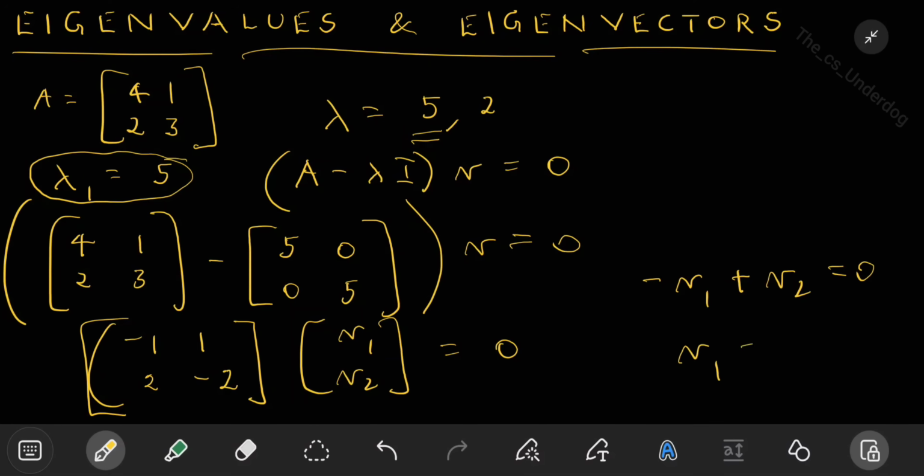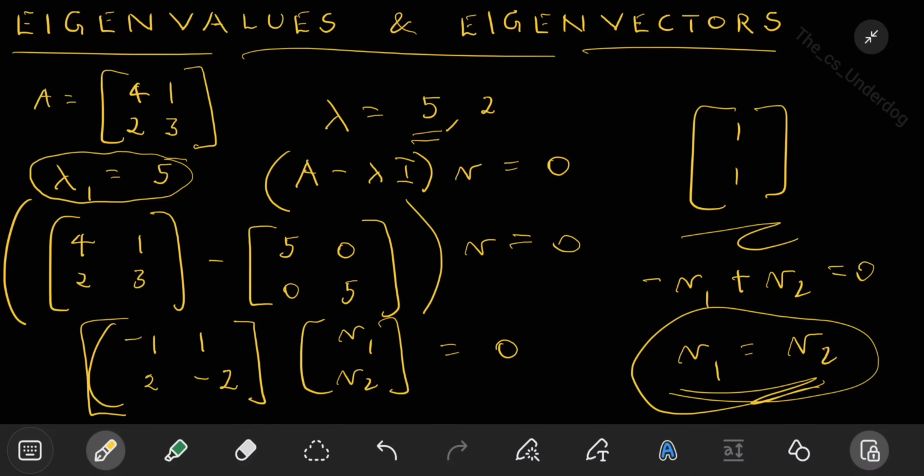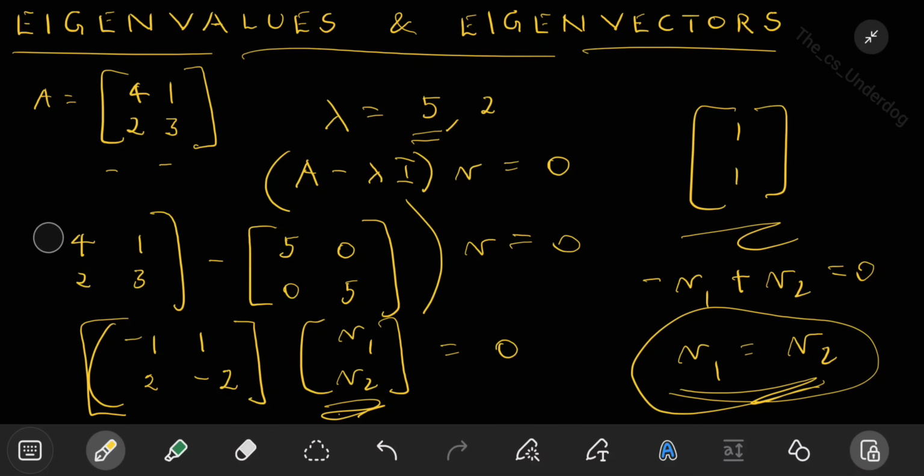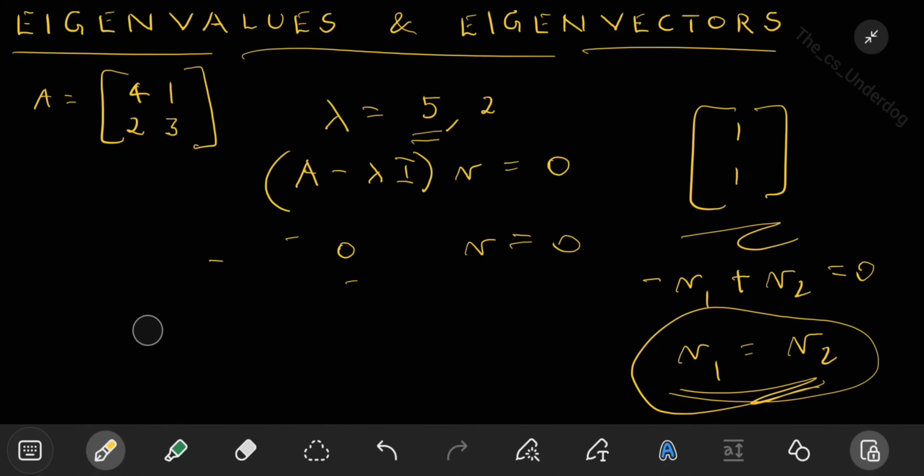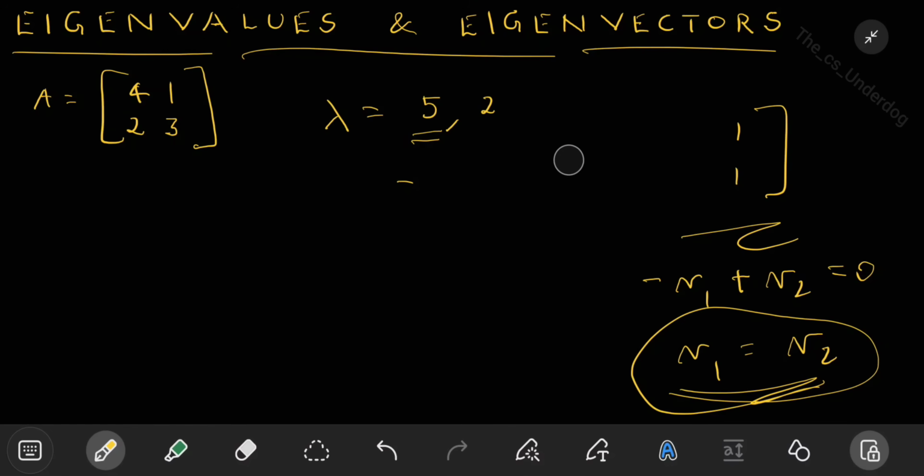So that means v1 is equal to v2. When both are equal, you can consider the eigenvector to be 1, 1. Here direction is what matters rather than the size. The eigenvector should give you the direction and the size will be provided by lambda. So v1 equal to v2 gives you 1, 1. So the eigenvector corresponding to the eigenvalue 5 is 1, 1. So your first eigenvector is 1, 1.